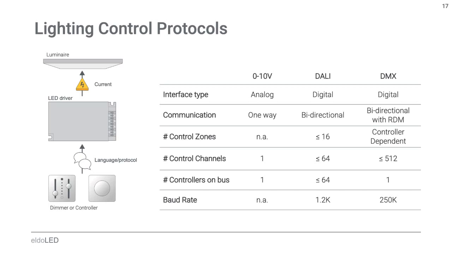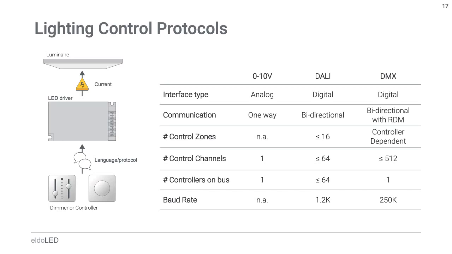DALI is most of the time up to 64 control channels or 64 LED drivers. And DMX, one single universe, already contains 512 channels, and the amount of universes can be way more than just one. I've seen installations with 24, 25 universes, and they're probably not the biggest ones out there in the market, Bas.